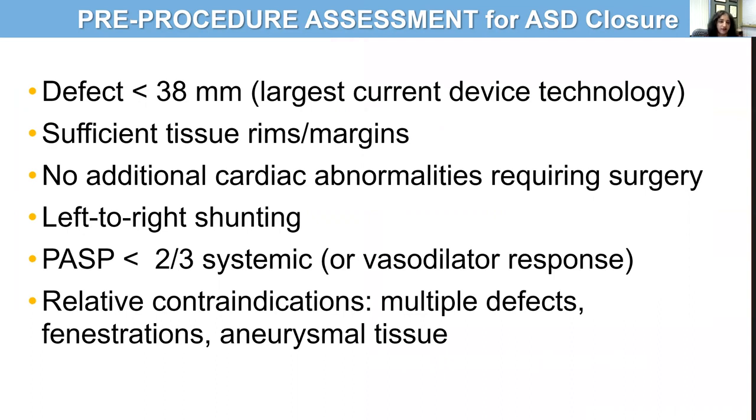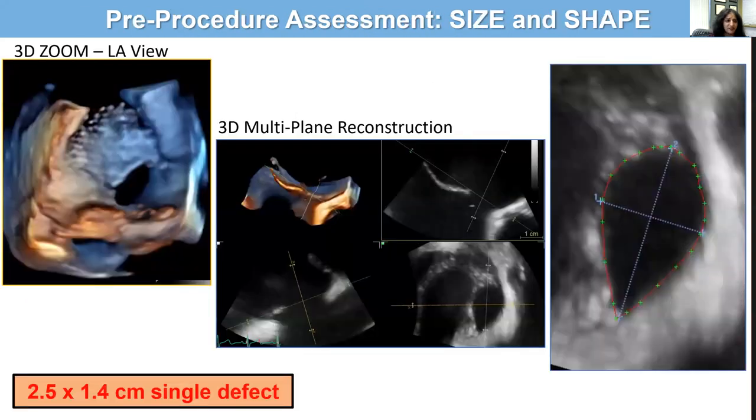So a defect of less than 38 millimeters, because that's the largest that's offered by current device technology, and having sufficient tissue rims and margins. No additional cardiac abnormalities that require surgery. And these are the other parameters that I look at on TEE prior to deciding if someone is suitable for percutaneous ASD closure.